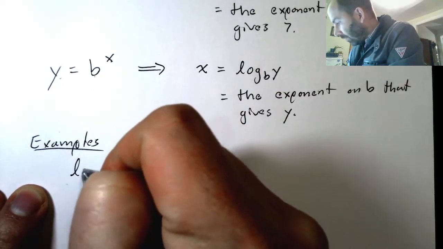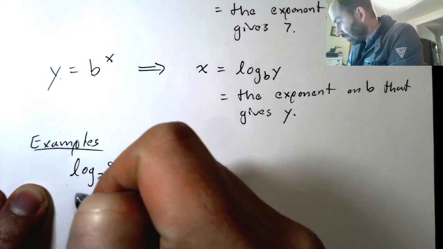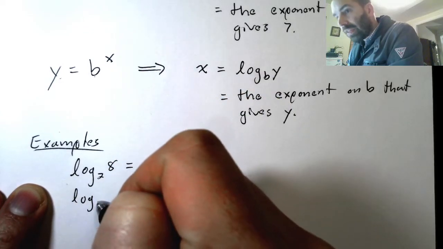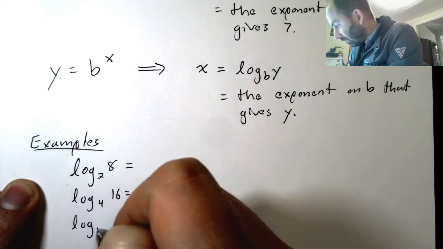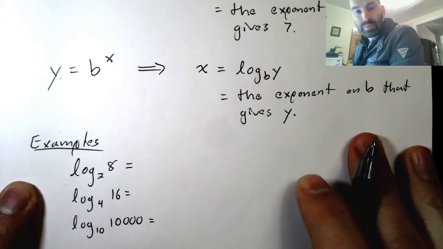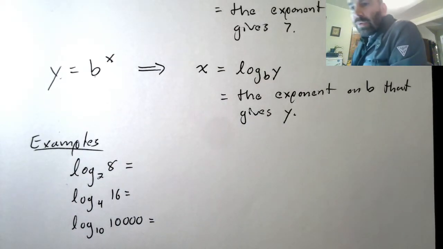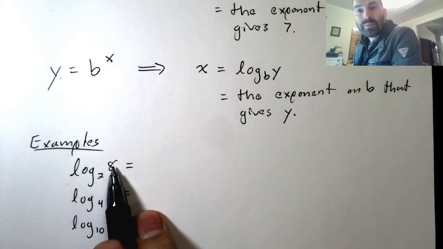We'll compute the following logarithms. See if maybe you can think of what these might be as I write them down. Okay, so here we go. Log base 2 of 8. What is this?